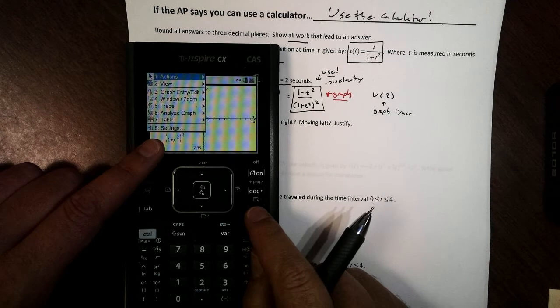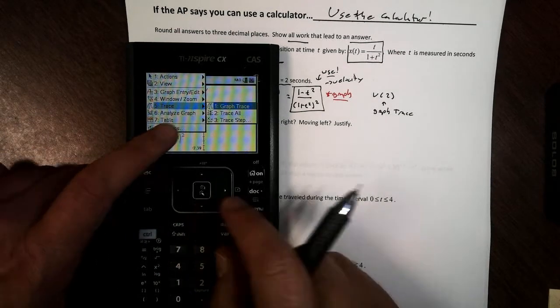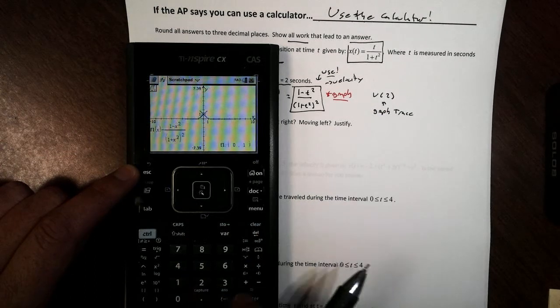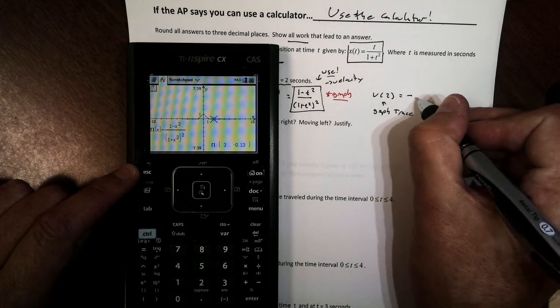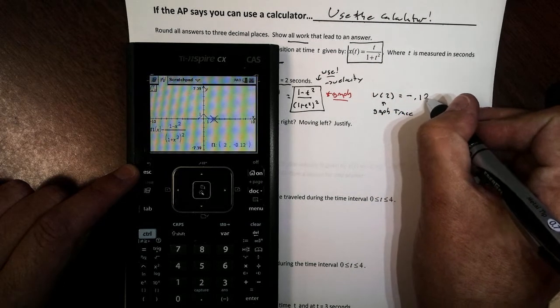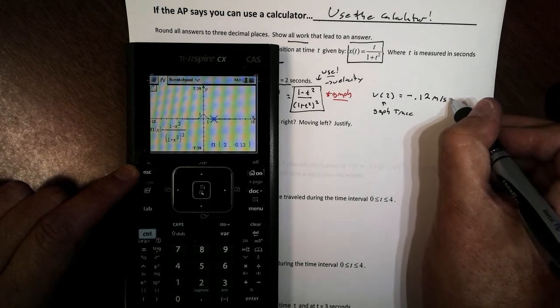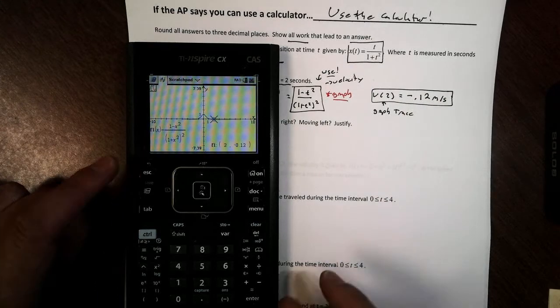So I go to menu, trace, we've done this before, graph trace, press enter, and I just type in the number 2. Press enter, and we get negative 0.12. And that is going to be meters per second. And there's our velocity at 2.